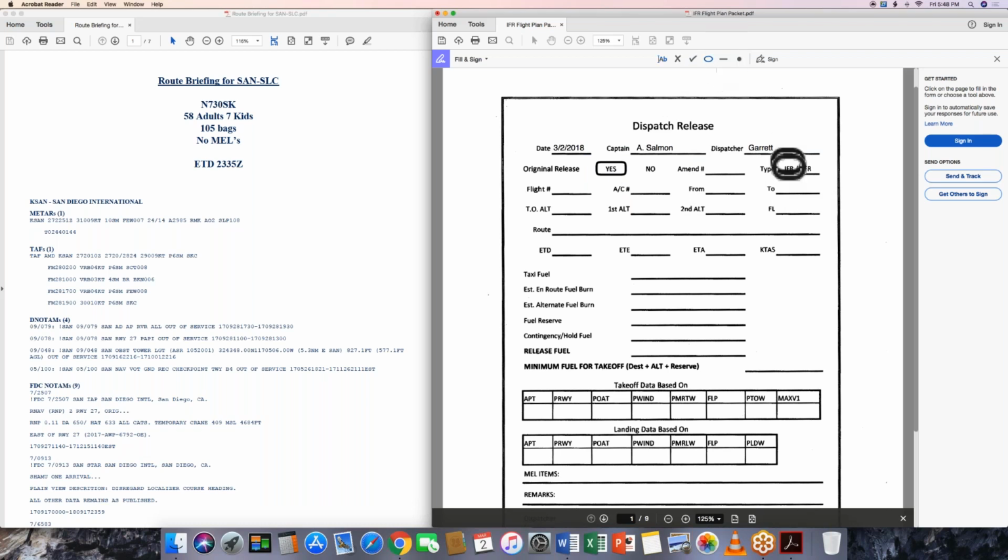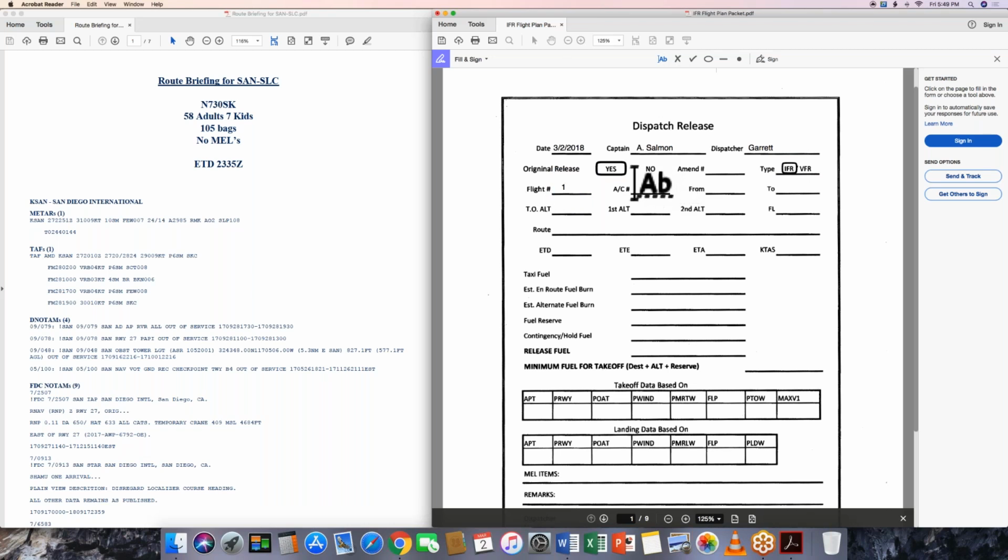When it asks us IFR or VFR, we always say IFR. We aren't going to file any VFR flight plans in this class. So this will be our first flight. We'll just call this flight number 1.